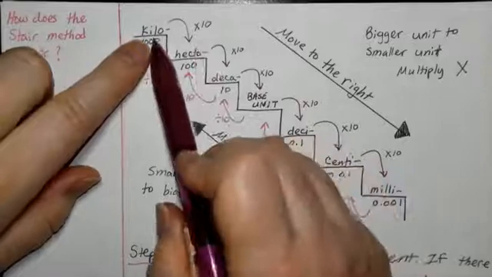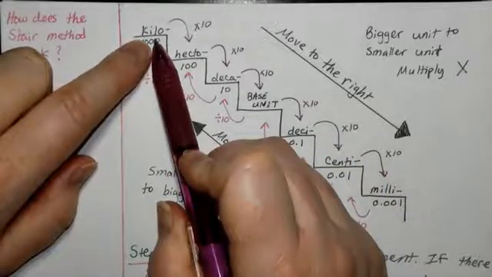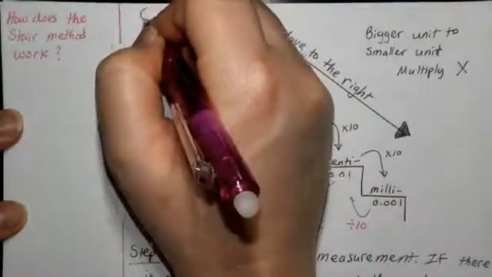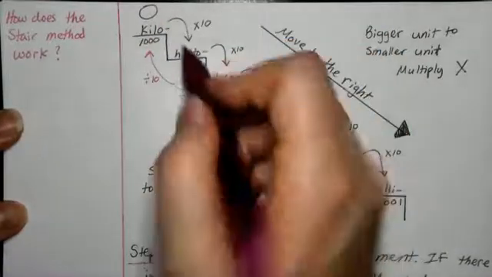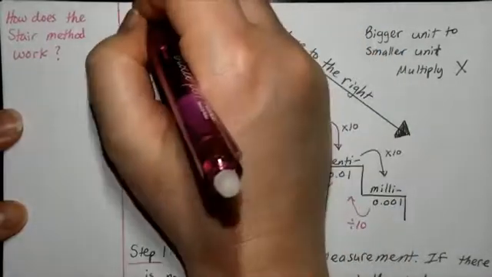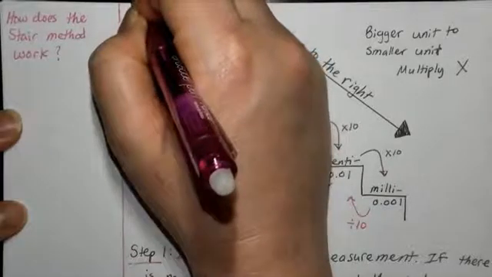So if kilo were like a whole giant pie or something, and I wanted to know how many hecto-sized pieces there are in there, it would be divided into 10 pieces. Like that, and like that, we'll say.